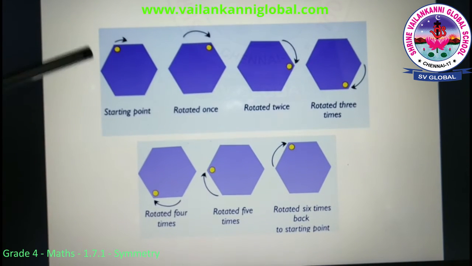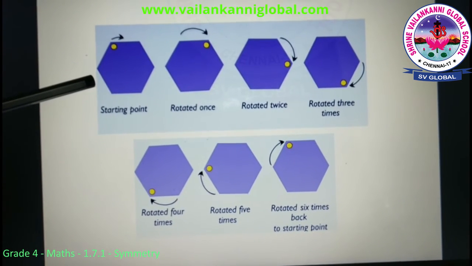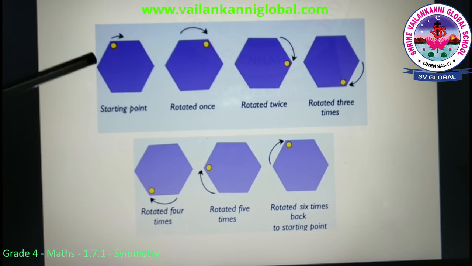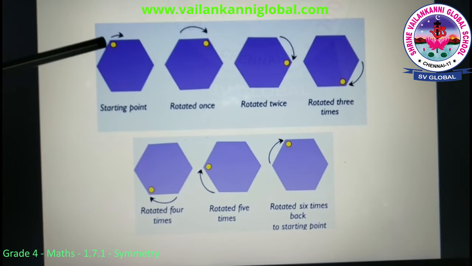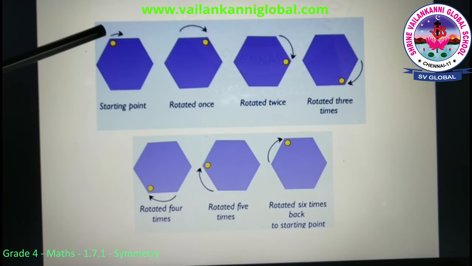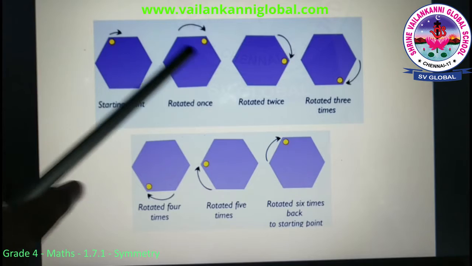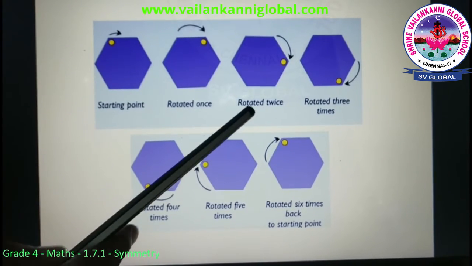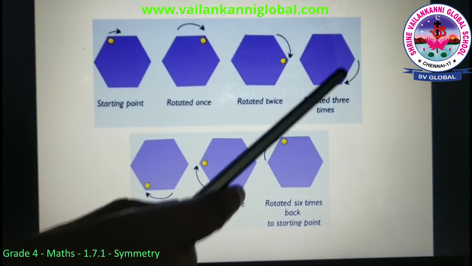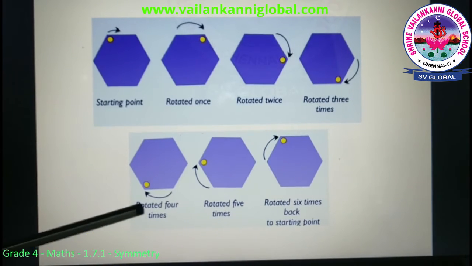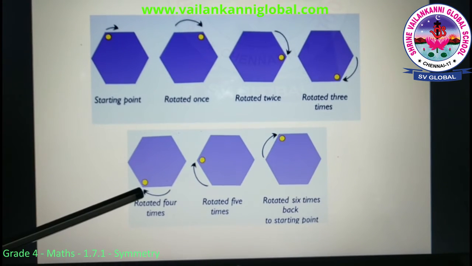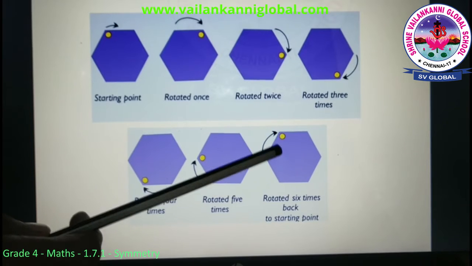See, let us consider this hexagon shape. It has six equal sides. This is the starting point. When we rotate in a clockwise direction, if we rotate once, this dot comes here. Then twice, thrice, four times, the fifth time, then the sixth time.